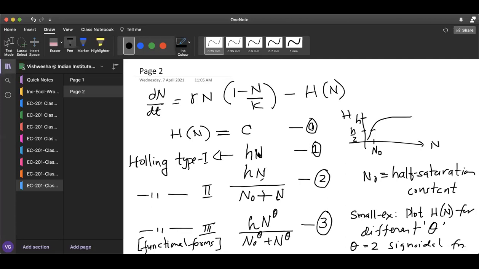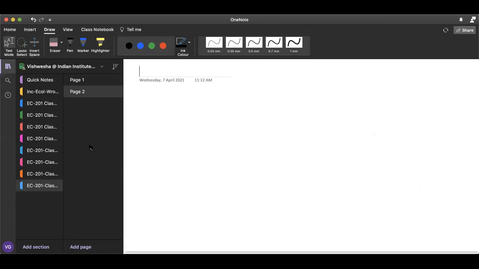Okay, so we have already analyzed model 1 in the last class. Today we will do model 2. This is all Holling's type 2 functional form.